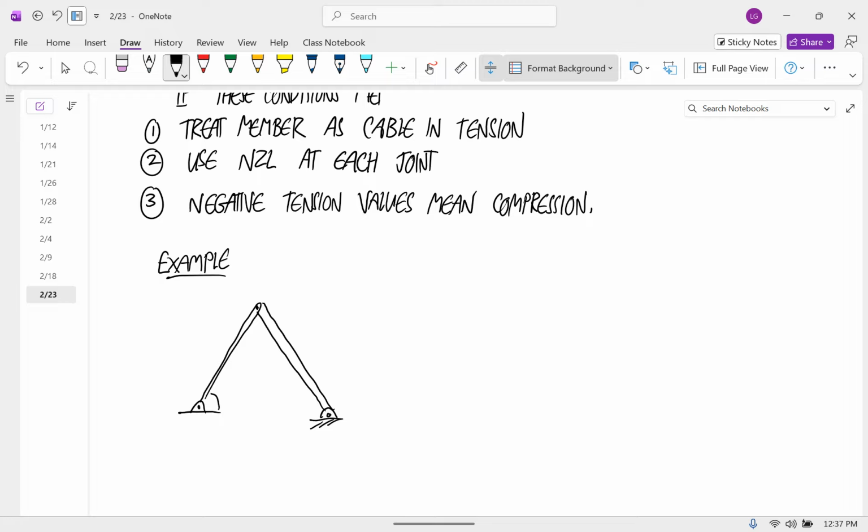This angle is 70 degrees and this angle is 70 degrees. And we have a 2,000 Newton force applied like that at the joint. The length of each one of these members is 1 meter.